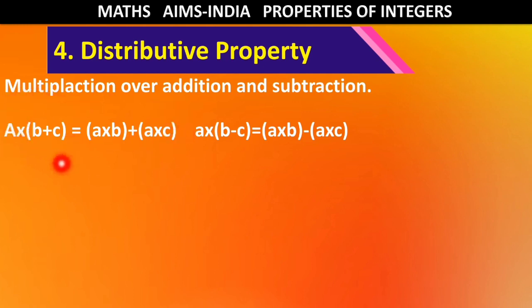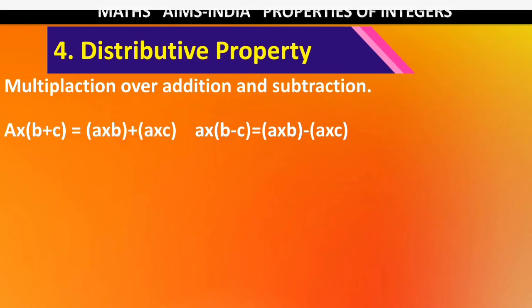Understood? We are having two possibilities here. The first possibility is we add the integers and then multiply, or we multiply them individually and then add. Now what distributive property says is, whether they are added and then multiplied, or multiplied and then added, the result should be the same.